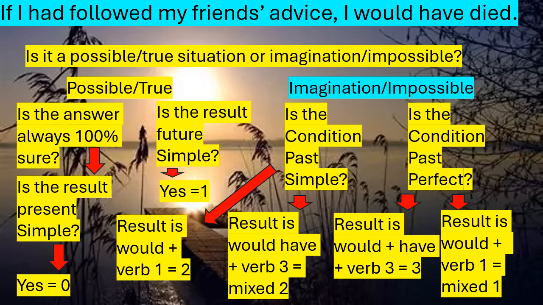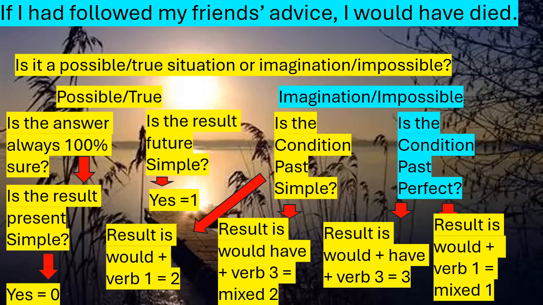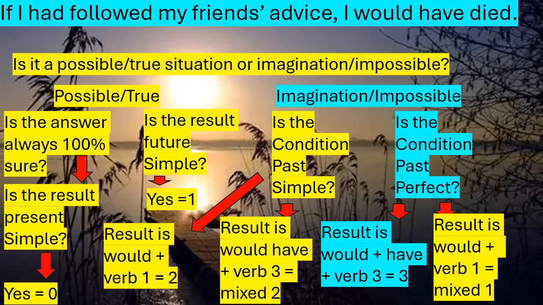If I had followed my friend's advice, had followed, is past perfect. And then the result, is the result would plus have plus verb 3, or is the result would plus verb 1? And the result is I would have died. So would plus have plus verb 3. So that is conditional type 3.